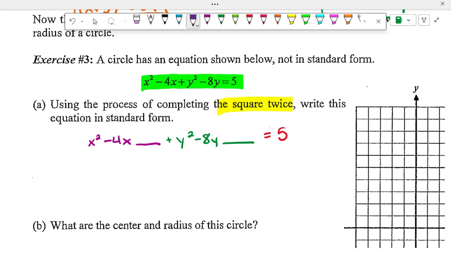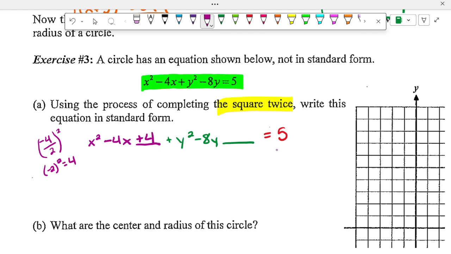So if I do negative b over 2a for the x's, what's my b value? Not just 4, but negative 4. So I divide negative 4 by 2. So that gives me negative 2 squared, which is what? So I'm going to add 4 here.